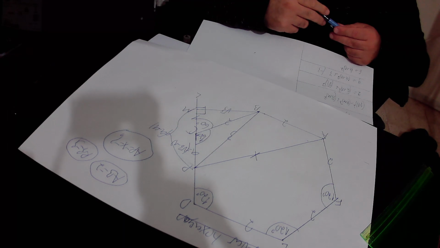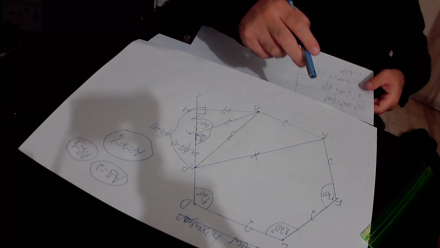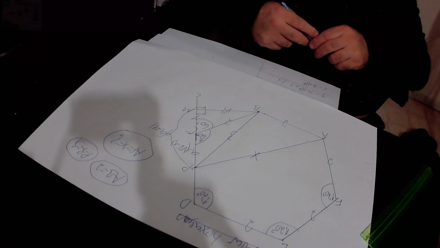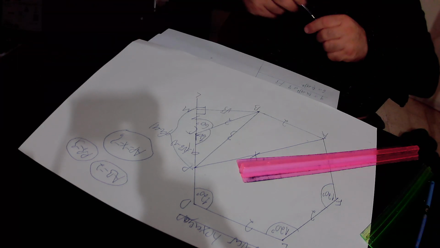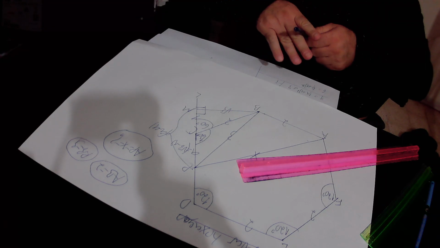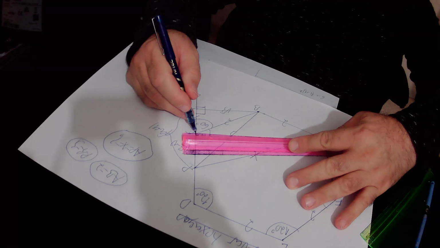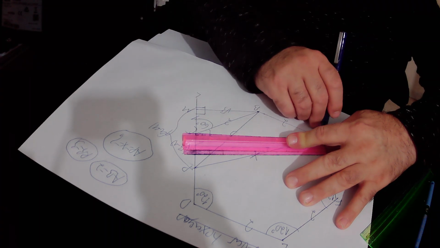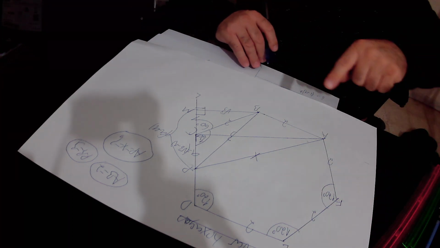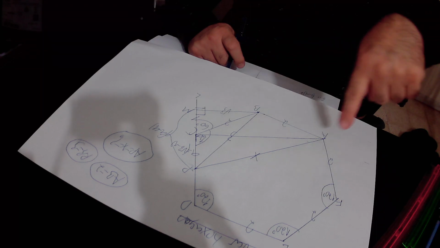So in the next step we will join points A and C together by a straight line. By joining points A and C, we created the triangle ABC.